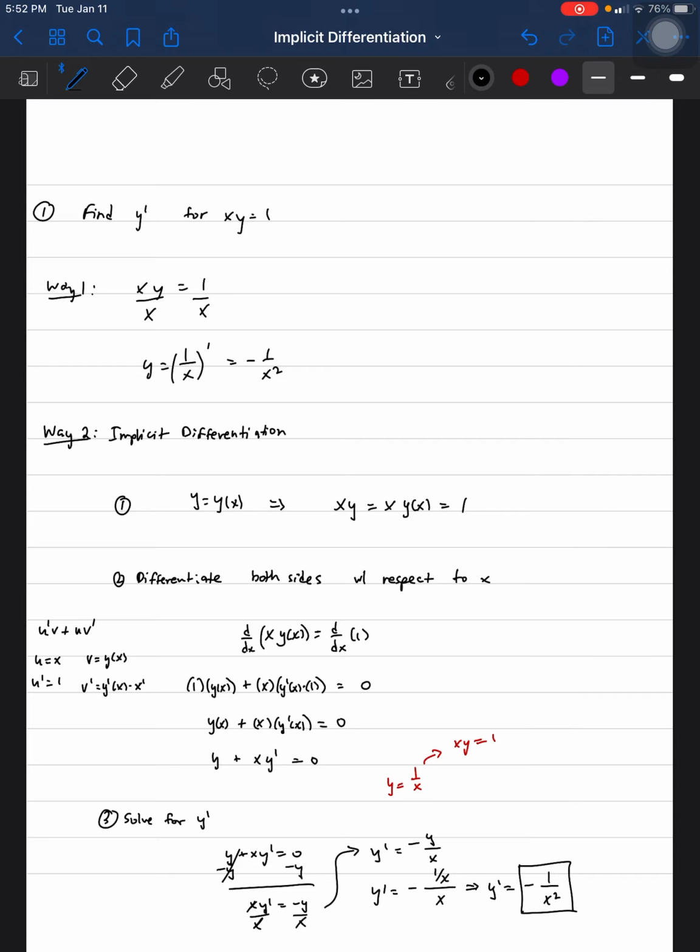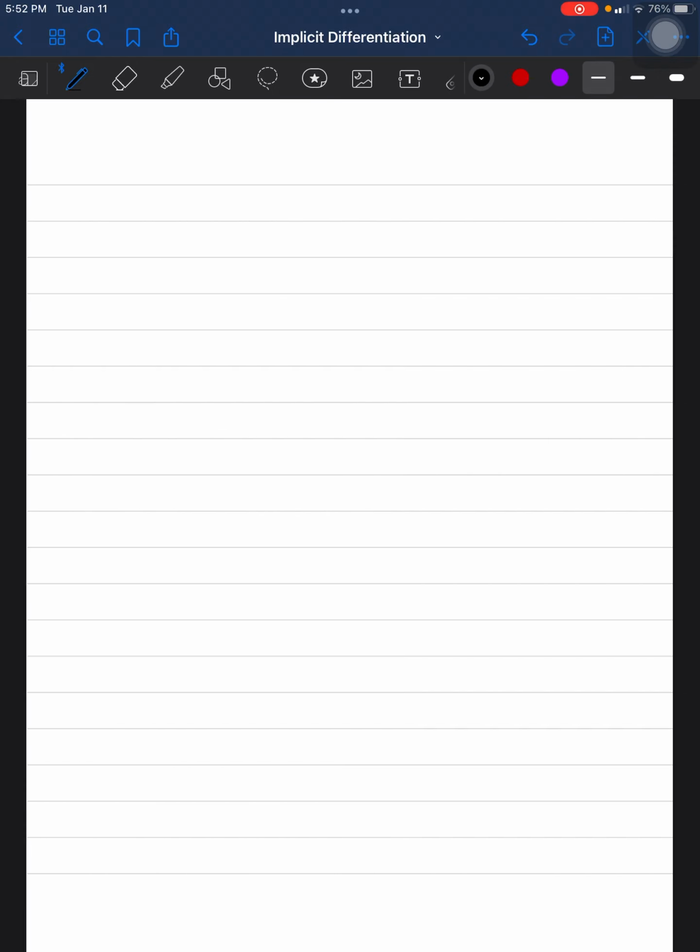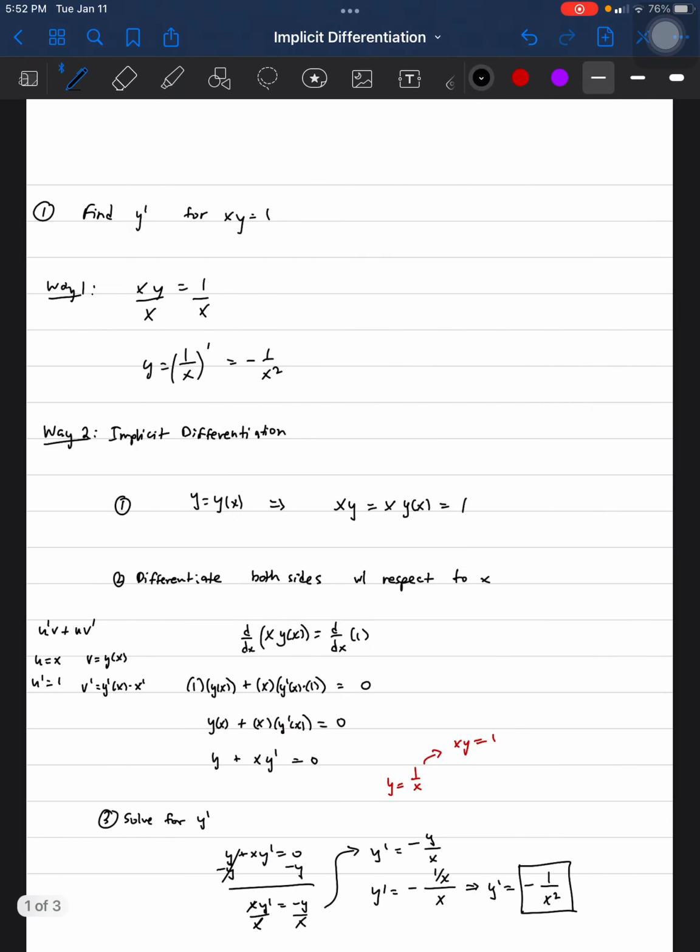Now, this was just the introduction to implicit differentiation. So moving on, in these problems we were just applying our knowledge of the chain rule and understanding how to implicitly differentiate.